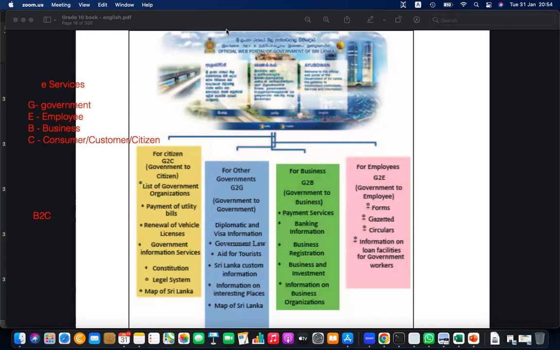Right, that is one. Yes, ordering books from an official website of a bookstore.